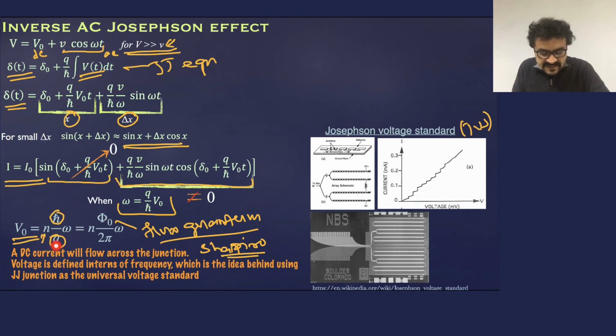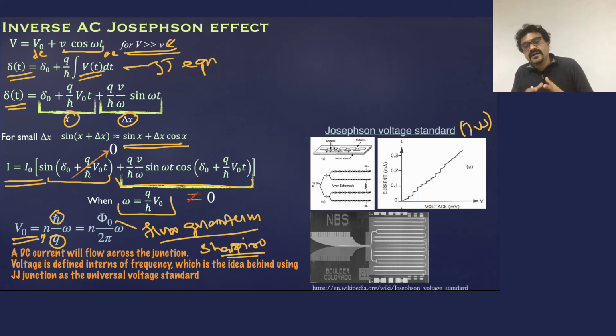Whenever this is satisfied, you will get a step in the current. This is the schematic, and this is a picture of an actual device configured in a very similar way, with an array of Josephson junctions, which can consist of thousands of junctions.